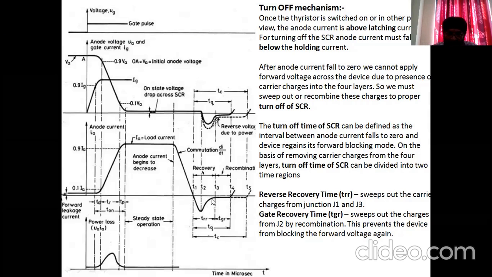In this time period, we need to sweep out the charges from junction 1 and junction 3. And in junction 2 also, there are charge carriers accumulated. So we need some time to recombine these charge carriers or to sweep them out. This is called gate recovery time because junction 2 is connected with the gate.